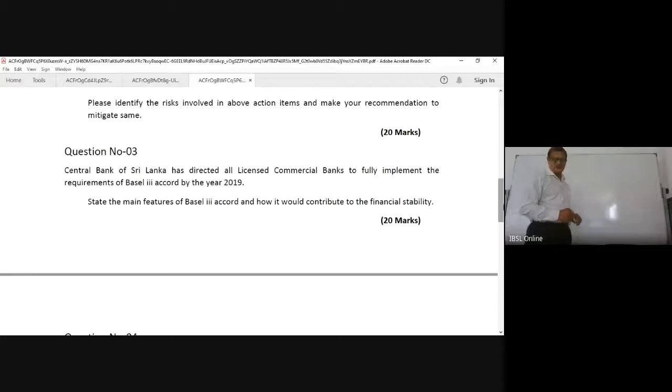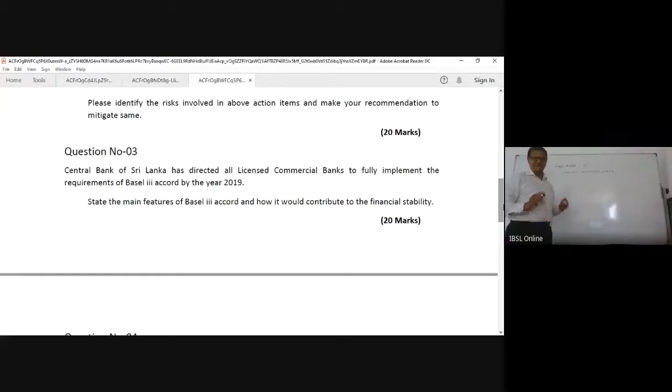I don't have the exact notes of what is Basel 3. All Basel Accords aim to strengthen the financial stability of the country.